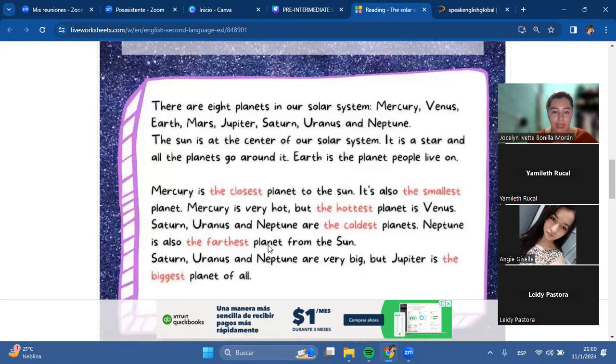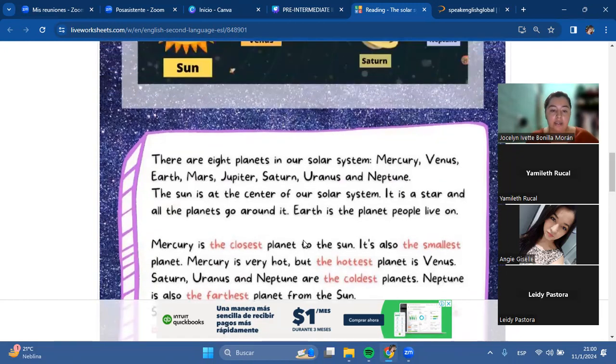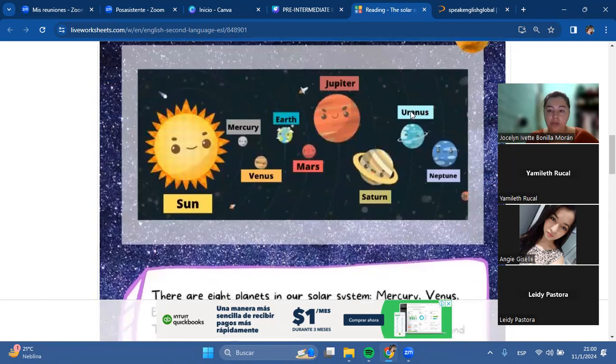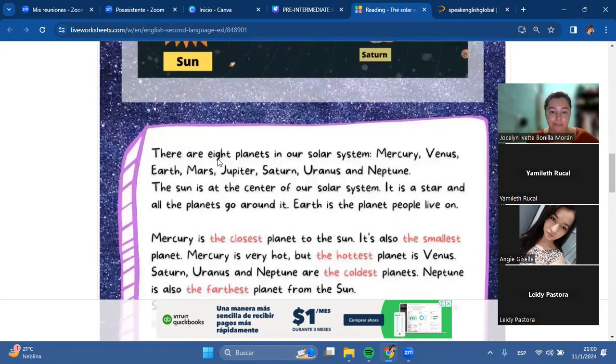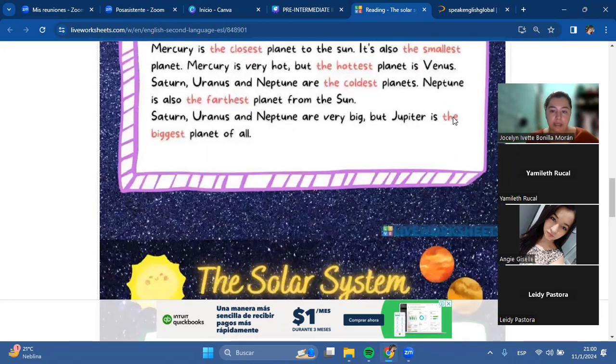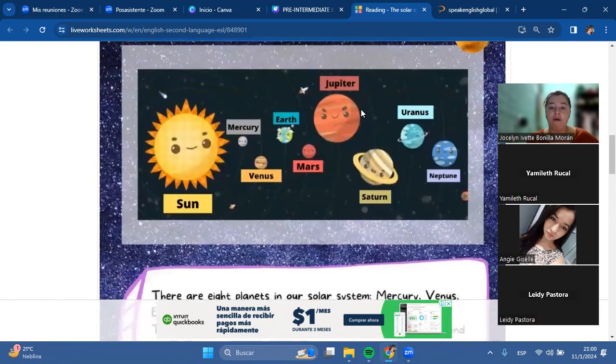And we have the coldest ones. So we have Saturn, Uranus, and Neptune because they are far from the sun. And as you can see here, it says that Jupiter is the biggest of all.